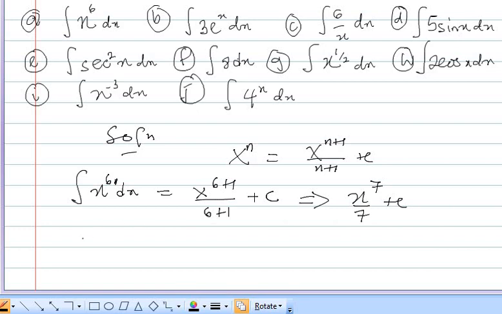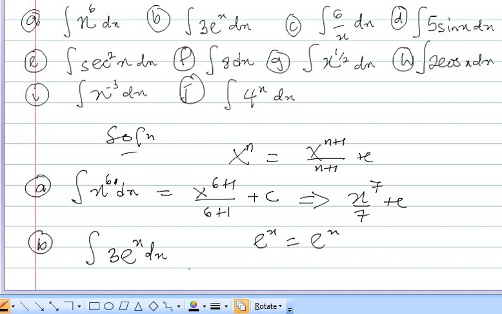Then question B: we have the integral of 3 exponential of x dx, with respect to x. We already know from our table that the integral of exponential of x is equal to exponential of x.